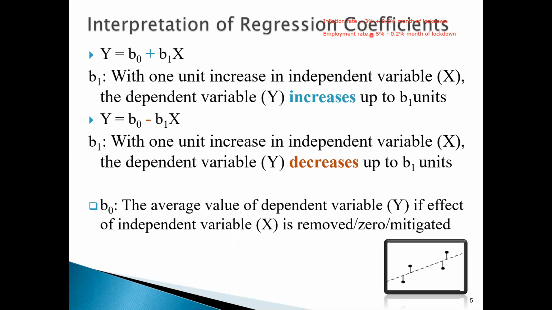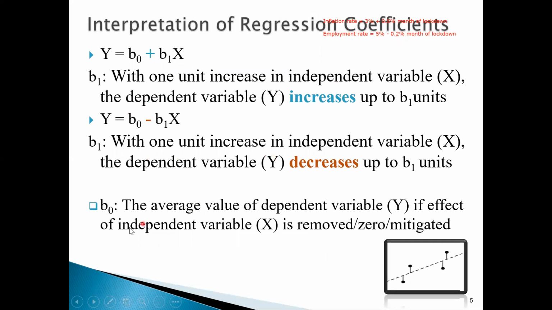And in our second example of the employment rate, there is a negative sign. We will say that with the increase of the months of lockdown, the employment rate decreases by 0.2%.